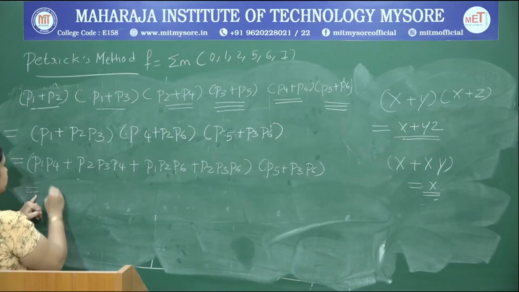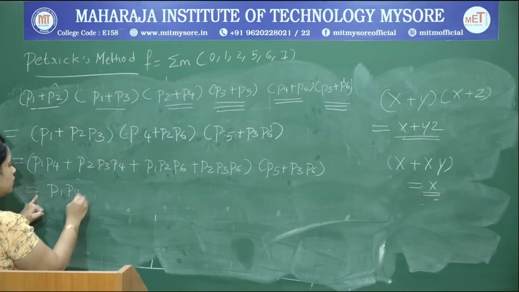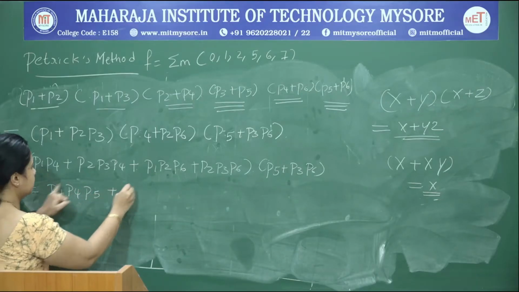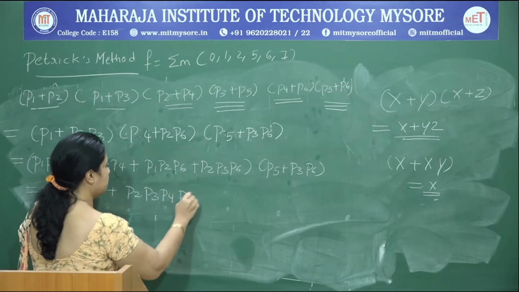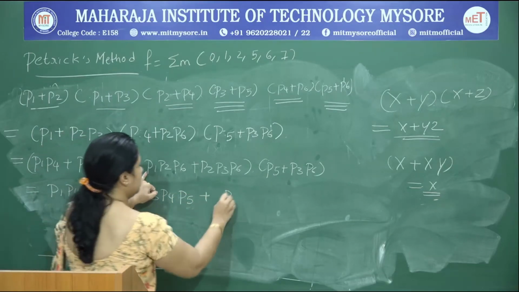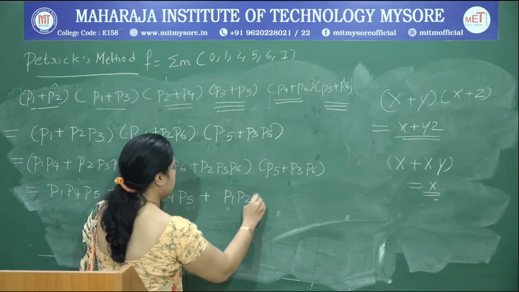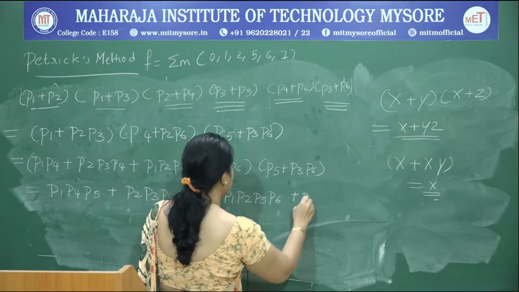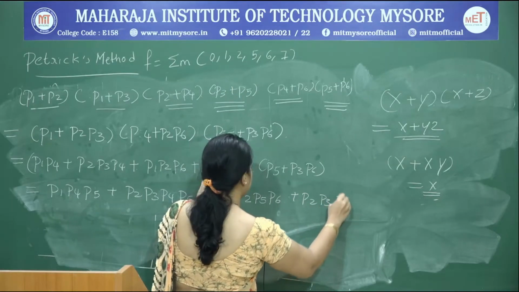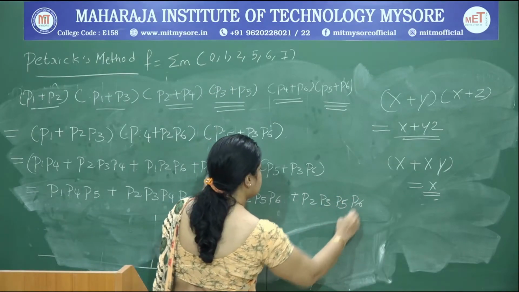So we will expand this, and we end up getting P1 P4 P5 plus P2 P3 P4 P5 and P1 P2 P5 P6 and P2 P3 P5 P6.